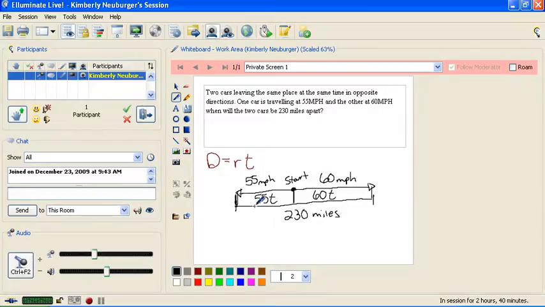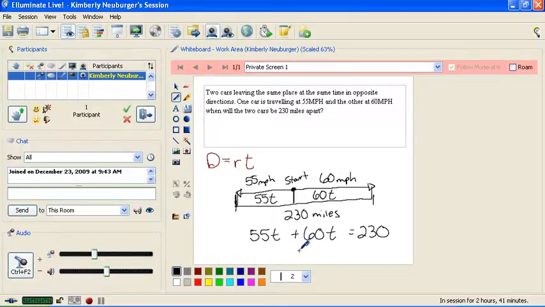So, you can see from this picture that this 55t here plus the 60t is the same as this 230 miles. So that gives us an equation of 55t plus 60t equals 230. All we have to do is solve this equation and we'll have our answer.